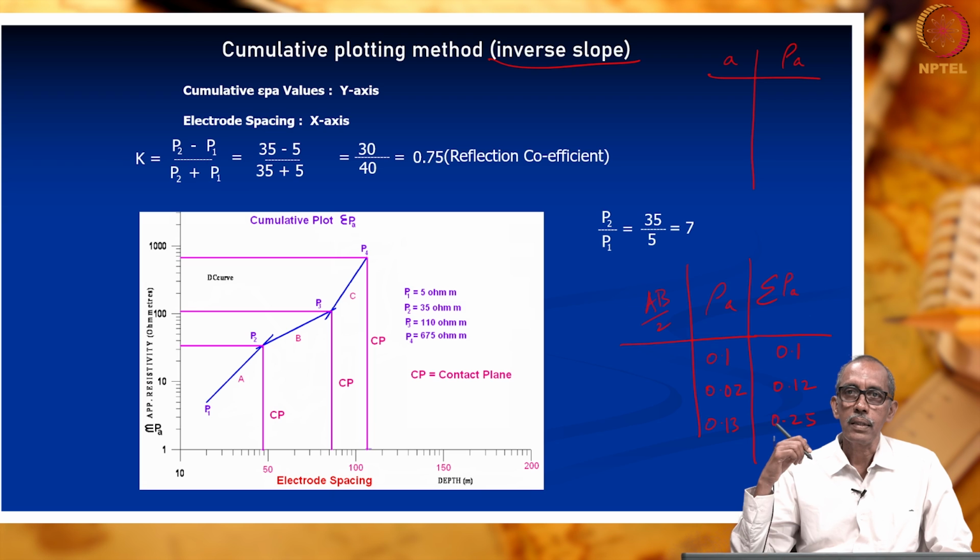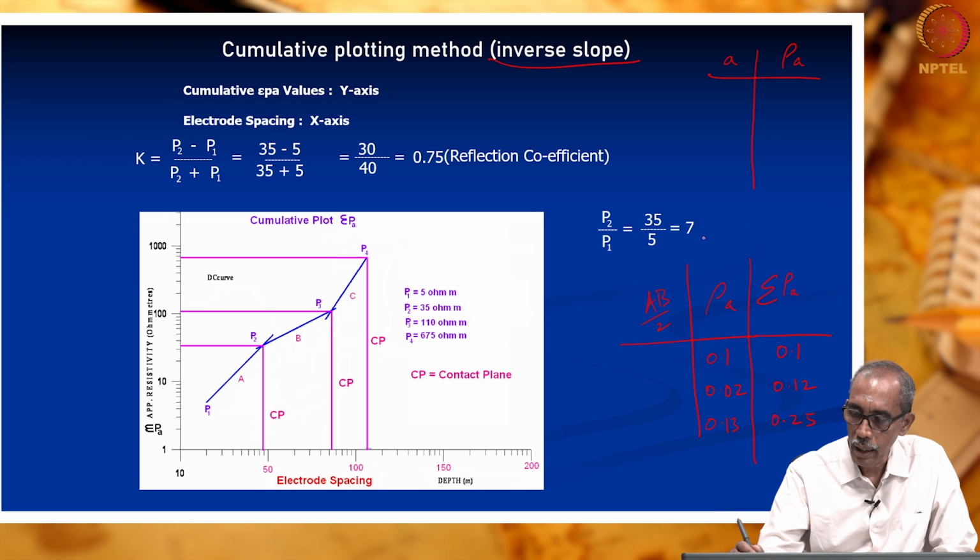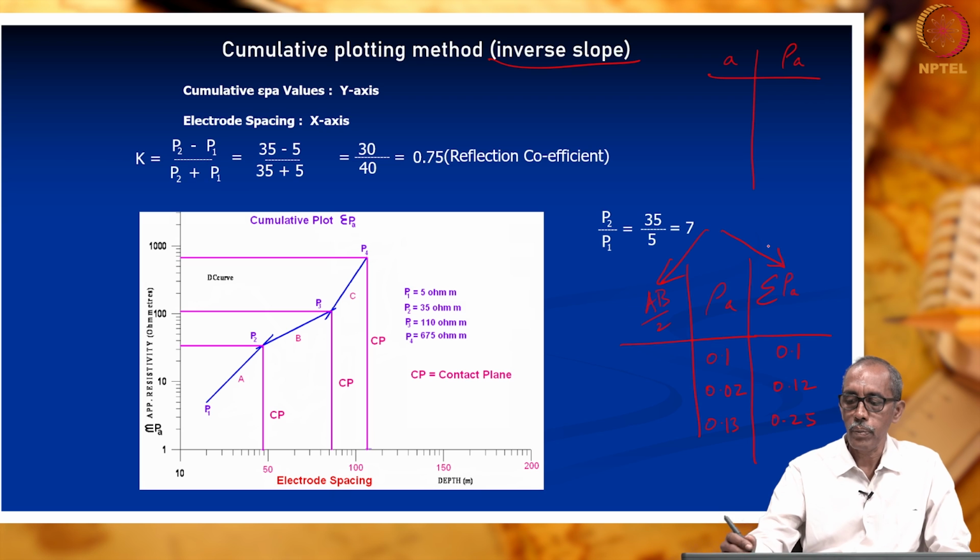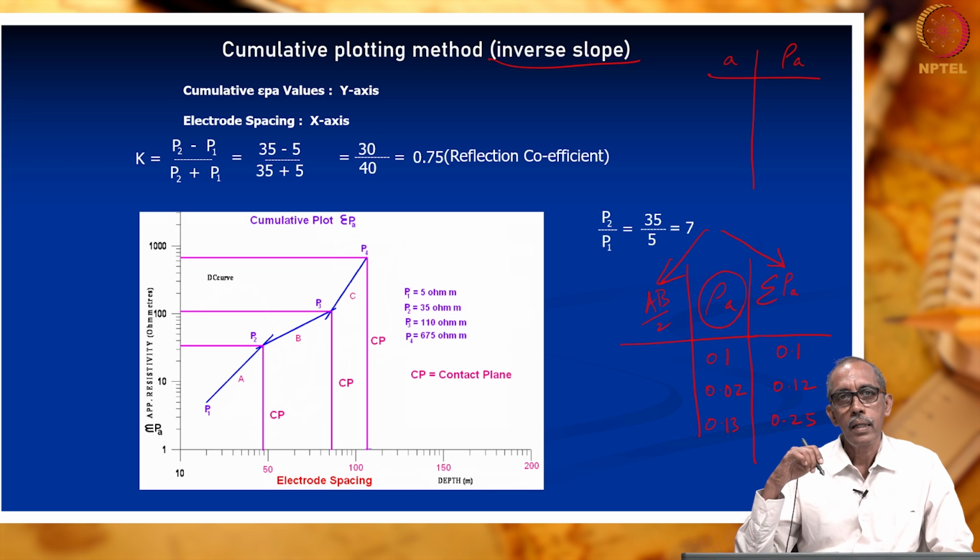Then in this method, we are going to plot AB by 2 versus cumulative resistivity. That means previously we were using the actual apparent resistivity. In this method, we are going to make use of cumulative apparent resistivity. What is the advantage of using cumulative apparent resistivity?